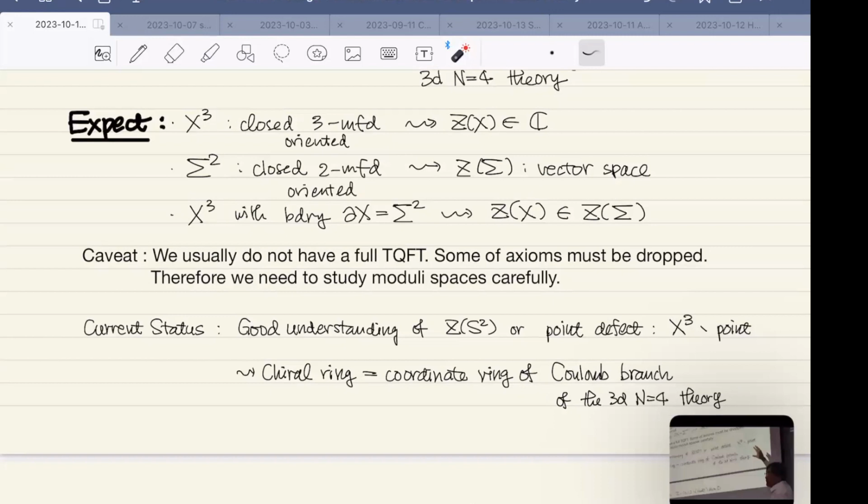Then you get S^2 as a boundary. So far we understand what this vector space is and what kind of structure we have. As I will show, Z of S^2 has a commutative ring structure. So Z of S^2 is a vector space, but it is also equipped with a commutative multiplication.